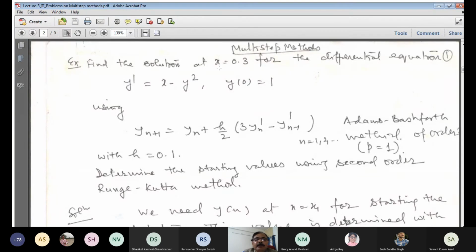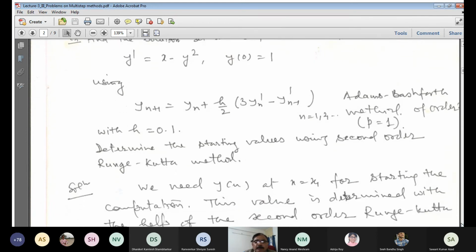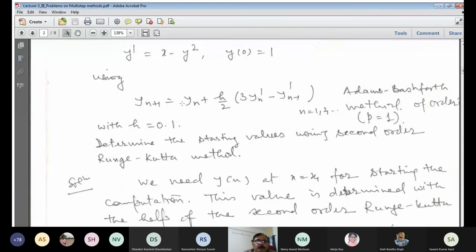So find the solution at x equal to 0.3 for the differential equation y prime equal to x minus y square, y0 equal to 1, using the Adams-Bashforth method of order 3. So yn plus 1 equal to yn plus h by 2 times 3yn prime minus yn minus 1 prime, as you have already seen. Take h as 0.1 and determine the starting values using the second order Runge-Kutta method.